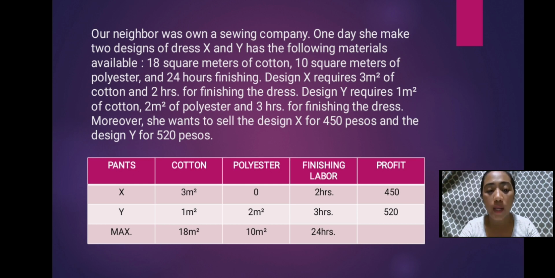For dress Y, we have 1 square meter of cotton, 2 square meters of polyester, 3 hours of finishing labor, and a profit of 520 pesos. We will solve the maximize. So we have 18 square meters of cotton, 10 square meters of polyester, and 24 hours of finishing labor.